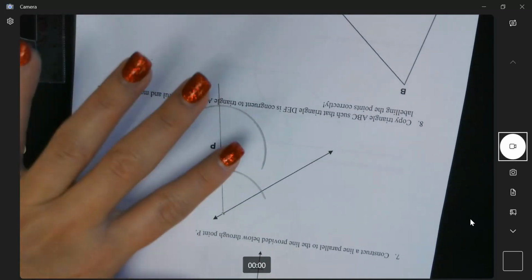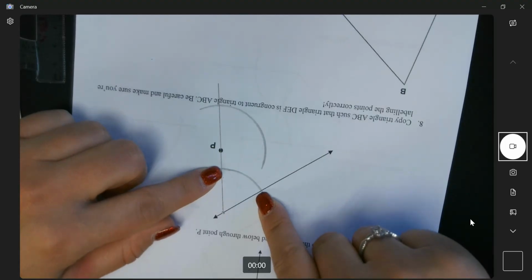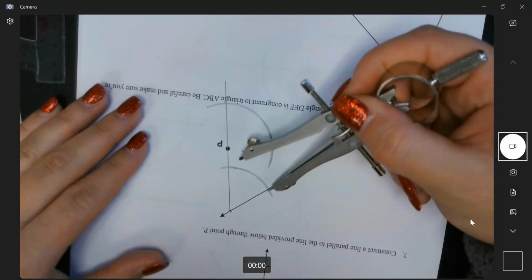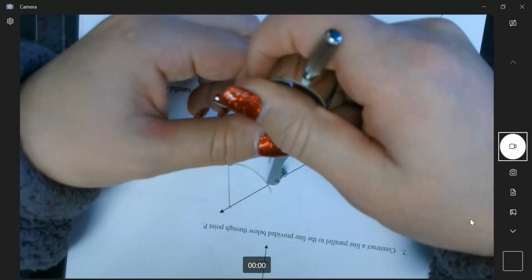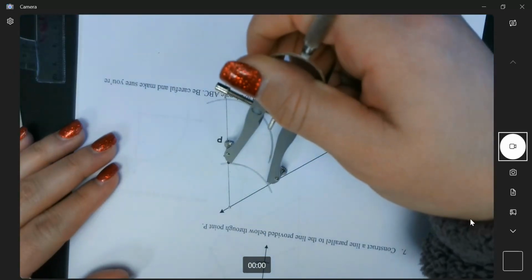Now, once you have those 2 down, you're going to take your compass and stretch it to be the width of this angle. We're essentially trying to measure the width of that angle that we created here. I'm going to place the point on one of those intersection points, and the pencil on the other, just like that.